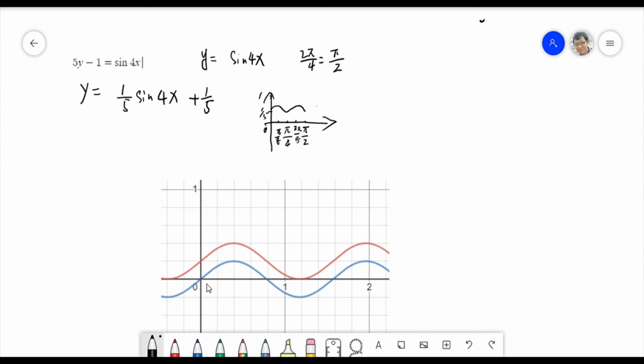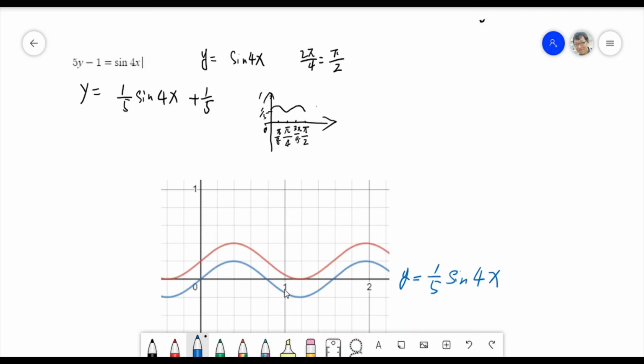So this should be y equals 1 over 5 sine 4x, the blue one. Here there is plus 1 over 5, which means the graph is raised on the y-axis by 1 over 5.